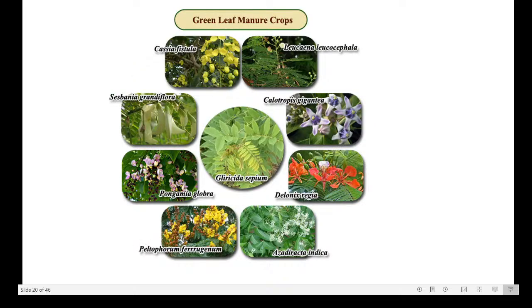Another thing I'm going to mention: these are the herbs which come under the green leaf category. Here we use the plant leaf. Once you plant this particular plant, you can harvest the leaf for your lifetime. If you have land at home, you can grow this kind of plant and take the leaves and the flower.